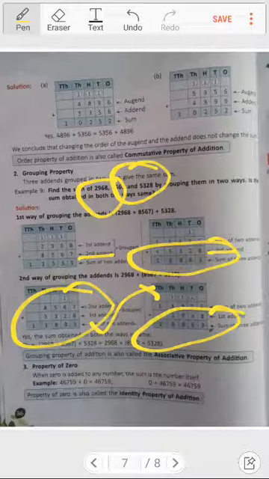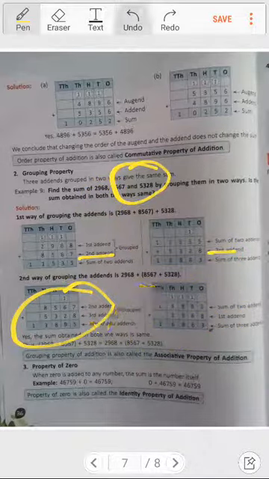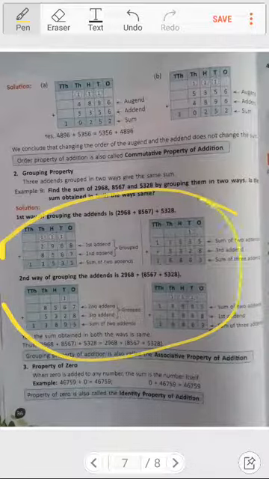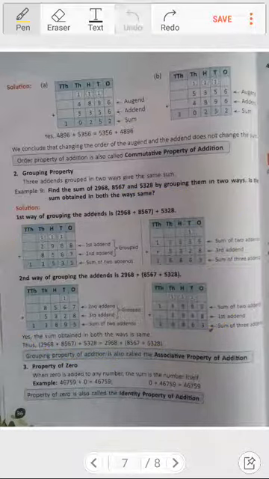Okay, so from here what we can conclude is that by changing the order or making a different group, even if there are 3 numbers, any 2 added first doesn't disturb the result. So this is another property. This is called the grouping property of addition, and this is also called the associative property of addition.